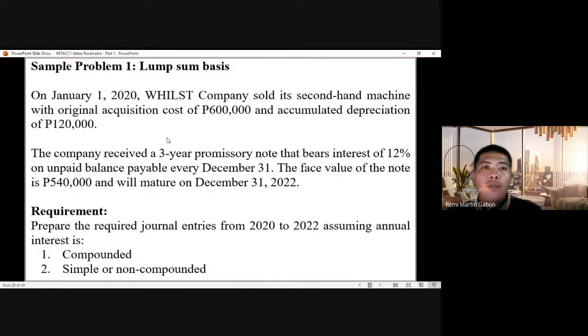Book value of the second-hand machine is the difference of 600,000 and 120,000. Then the promissory note is said to be interest-bearing because of the clue or the phrase that bears interest. So 12% is the stated rate.